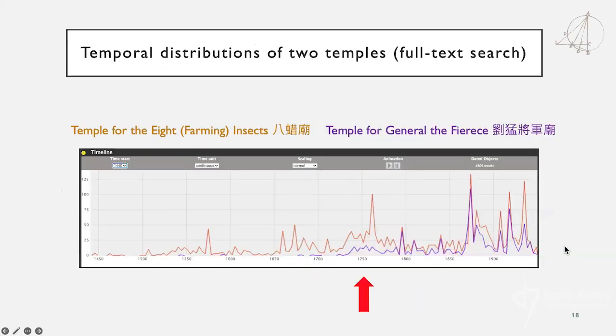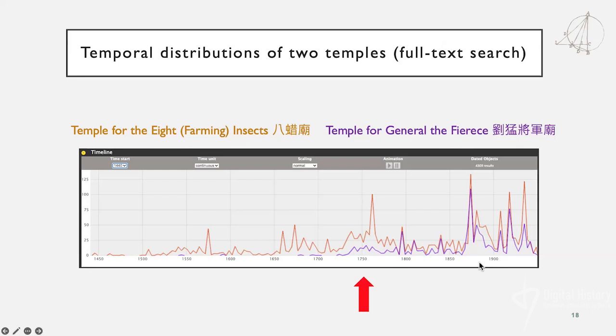When we see the same data set from a temporal distribution view, something interesting also appears. The yellow one is the first temple name, and the blue one is the temple for the locust king. We found out the second one only appears after a certain time.